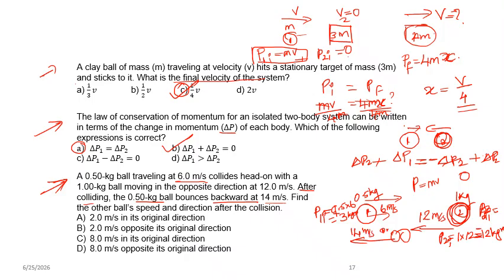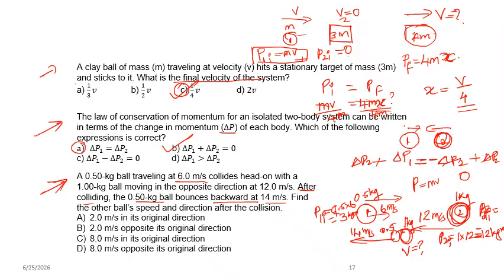So this is the first ball, and what about the second ball, 1 kg? The velocity of the second ball we need to calculate. We do not know it. The final momentum of the second ball they haven't specified, but the final momentum of the first ball they have specified.